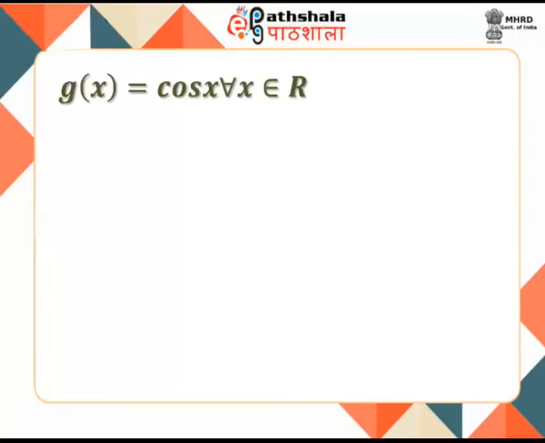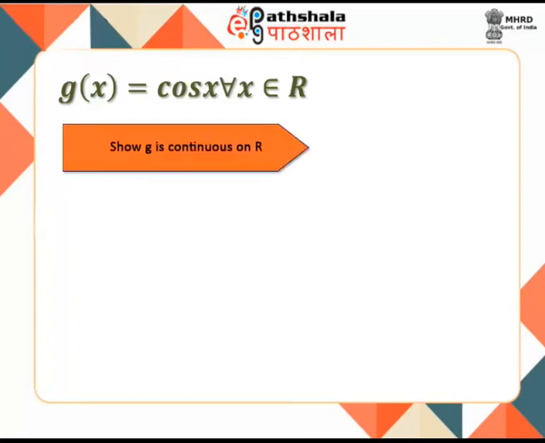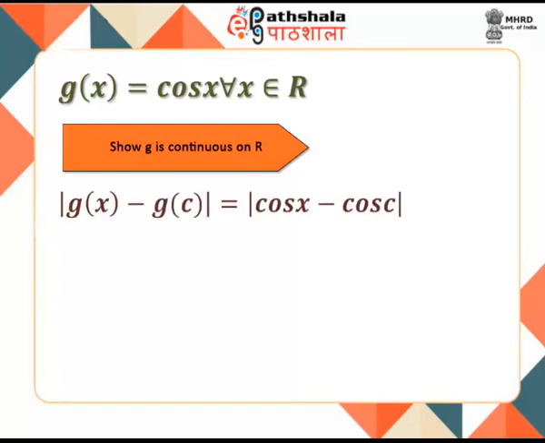g(x) is equal to cos x for all x belonging to R, we have to show that g is continuous on R. Solution: let c belong to R, then modulus g(x) minus g(c) is equal to modulus cos x minus cos c.